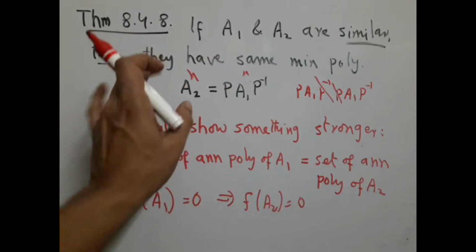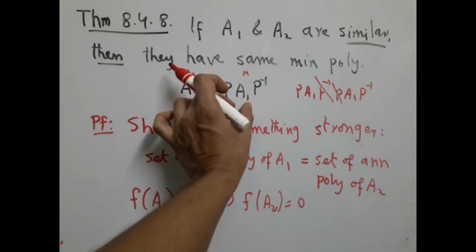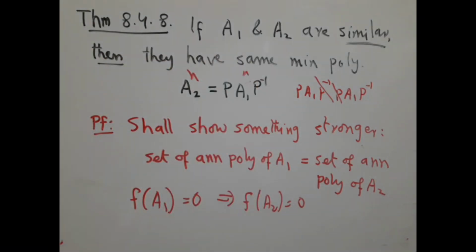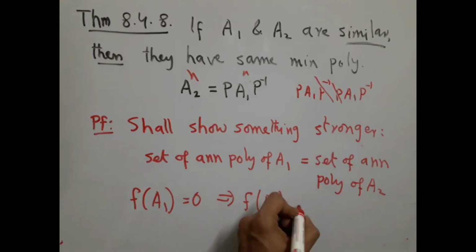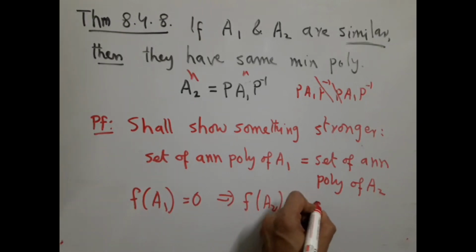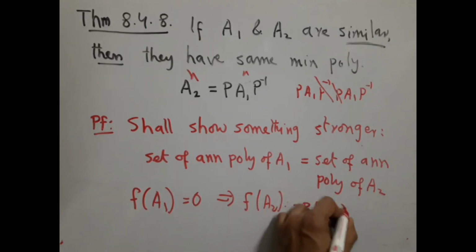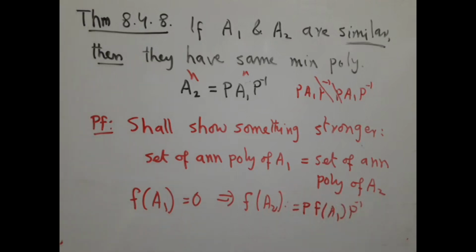In particular, whatever polynomial you put, you will get the corresponding polynomial here. So this is nothing but f of A2, I want to show that it is equal to 0. This is actually nothing but P f of A1 P inverse. Now f of A1 is 0, so this has to be equal to 0. So immediately I get this theorem.